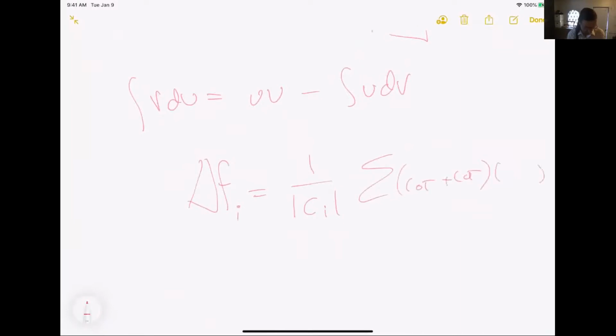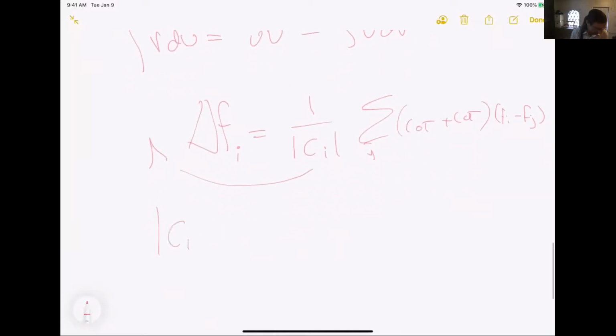And then this other term, fi minus fj. If you bring this to the other side, then you get the area of ci times fi equals this big summation.